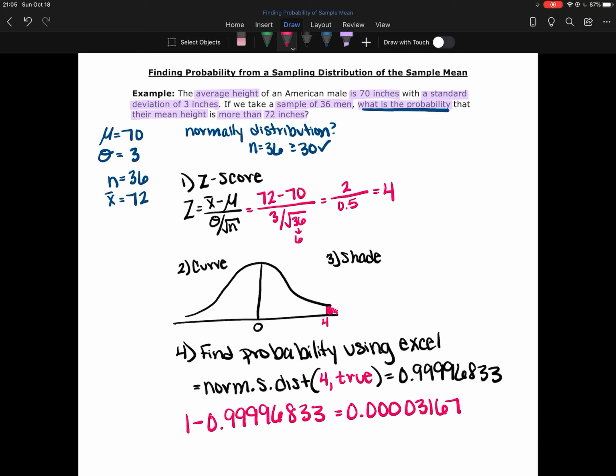I have a different formula to calculate the z-score. But once I have it, a z-score is a z-score. It's giving me a distance from the mean in terms of the standard deviation. So it doesn't change what I do in steps 2, 3, and 4 compared to when we were looking at that individual. So here is our example of how to find a probability if we have a sample of more than one person from a population.